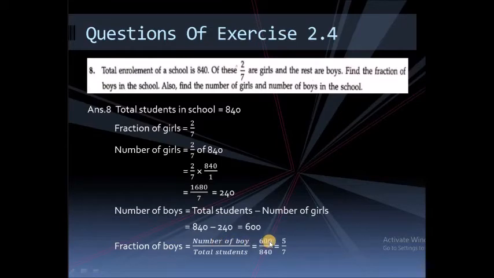The number of boys is 600 and the total number of students is 840. So my fraction will be 600 upon 840. Now 600 and 840 both are divisible by the table of 12. When I simplify it and write it in the lowest form, I will get 5 upon 7 as my fraction.